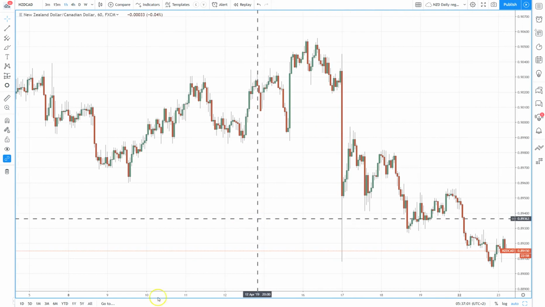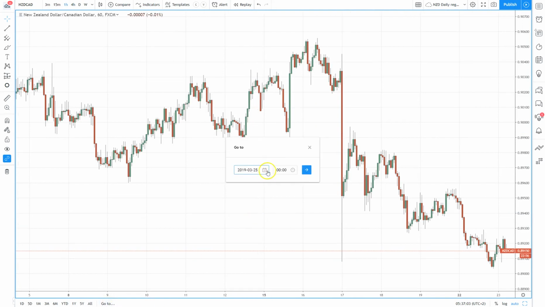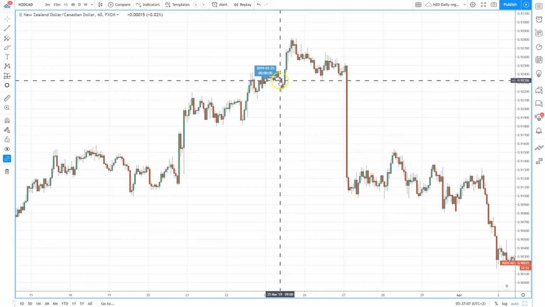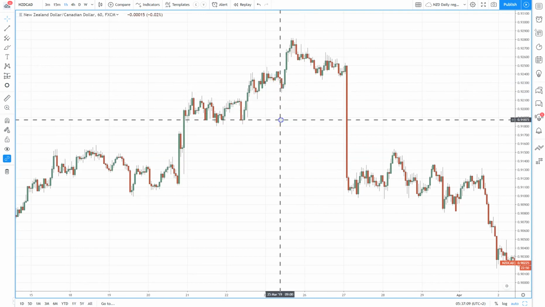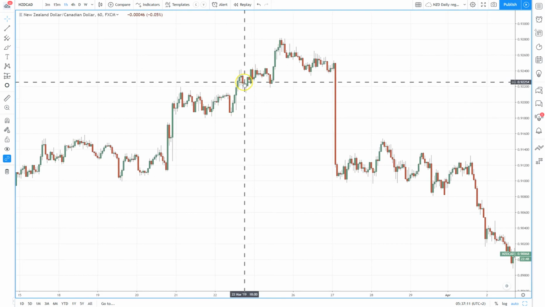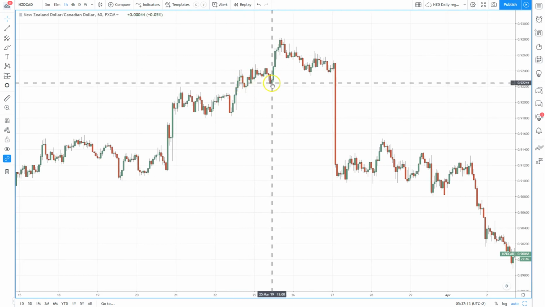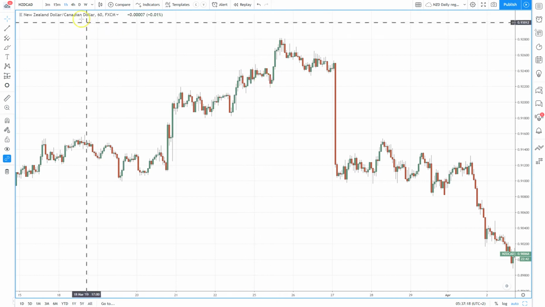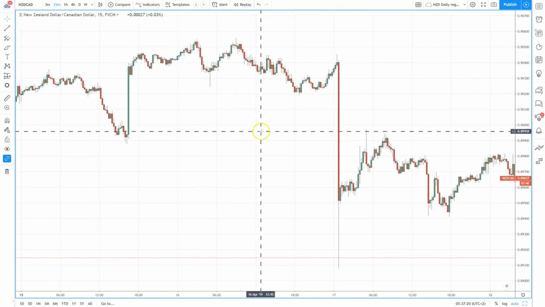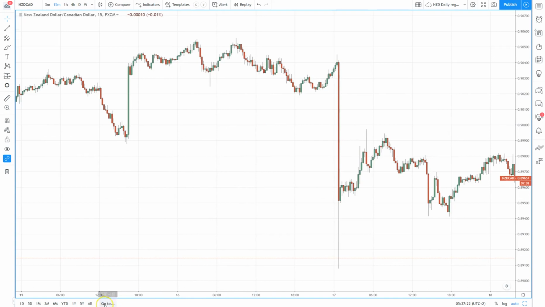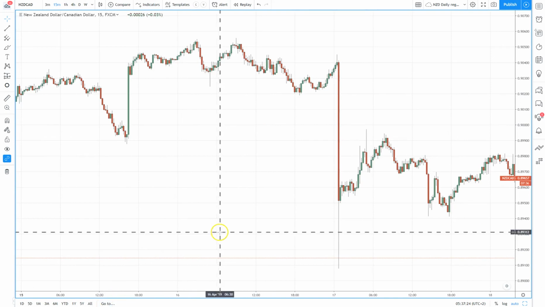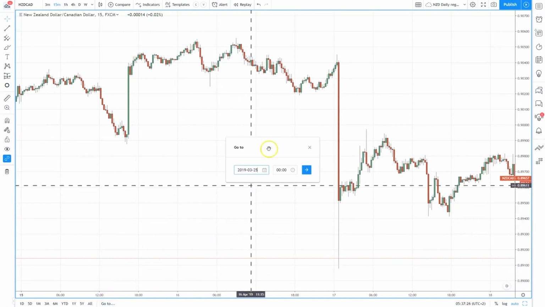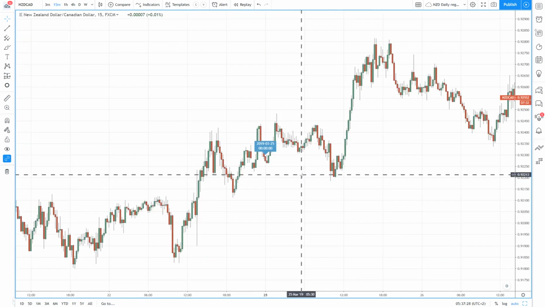Let me find that quickly. Okay, on 60, yeah, on 25th we are in a very shallow pullback here. Let's see how that looks on the 15 minutes. No, we're back in April, so let me find it.